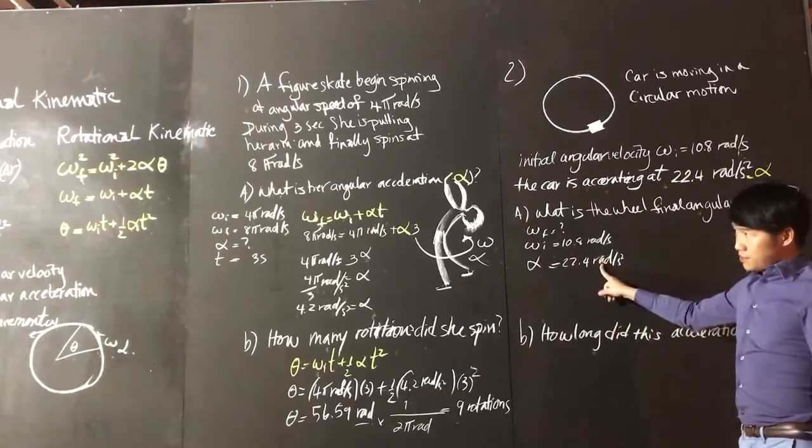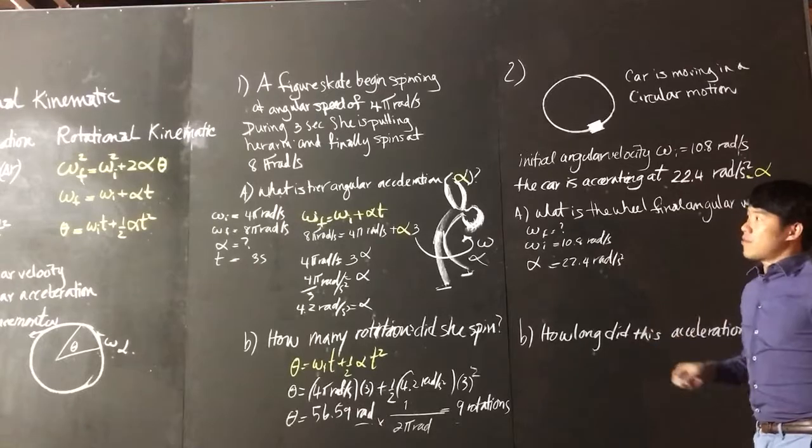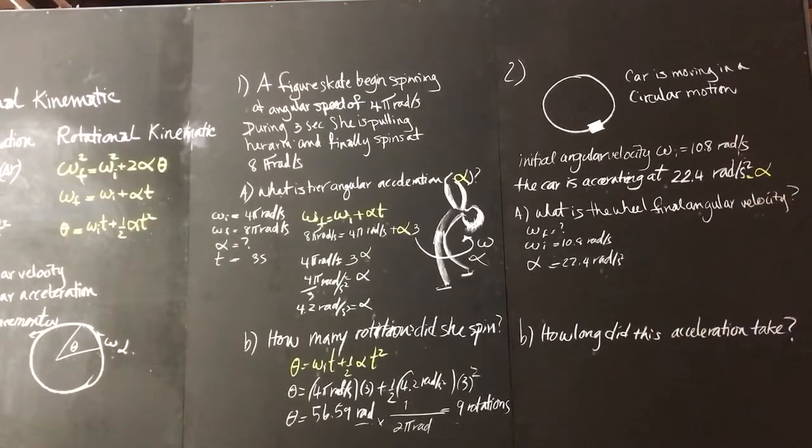For this one, go back and look at the 3 different equations that you have and see what else you have. You have the acceleration and the initial velocity.